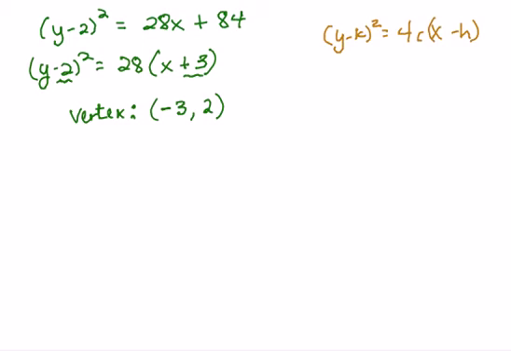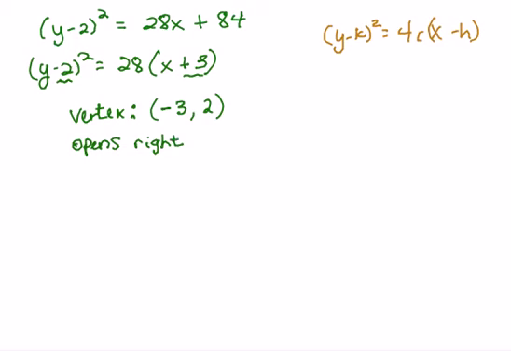We said earlier that we knew because it was a y squared that this was going to open left or right, not up or down. That means it's going to open left or right. And since it's positive, this one opens to the right.